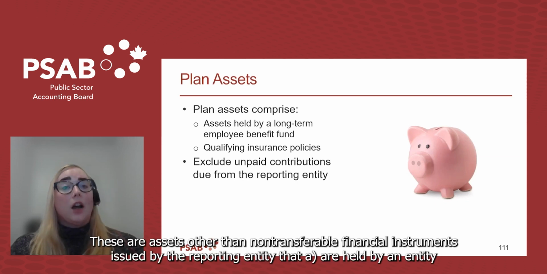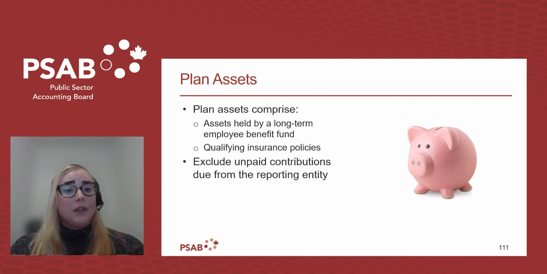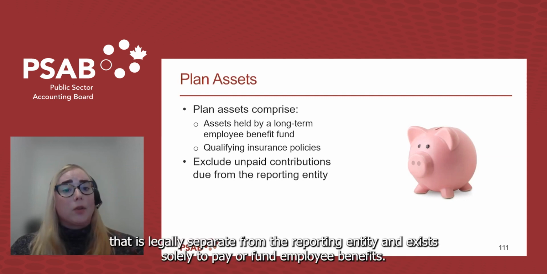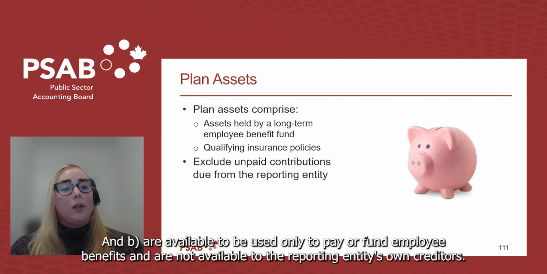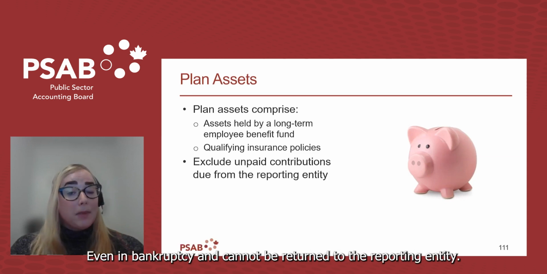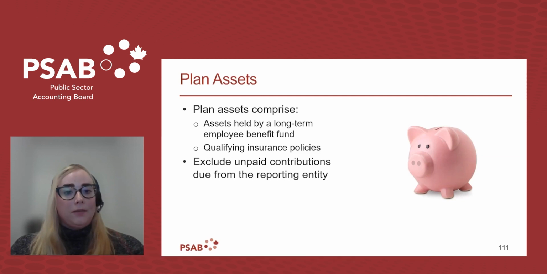These are assets other than non-transferable financial instruments issued by the reporting entity that A, are held by an entity that is legally separate from the reporting entity and exists solely to pay or fund employee benefits, and B, are available to be used only to pay or fund employee benefits and are not available to the reporting entity's own creditors, even in bankruptcy, and cannot be returned to the reporting entity.